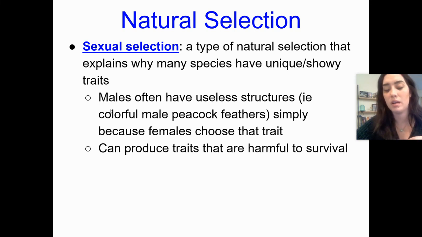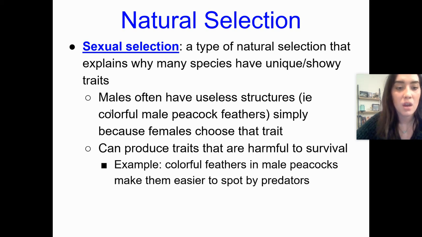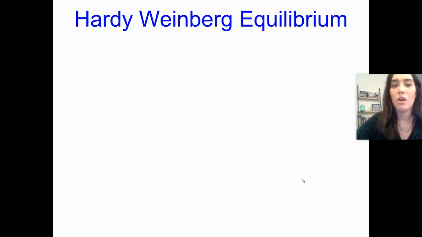Those can be a hindrance to their movement as well, but the ladies like them, so they will continue to select for them because that's what gets the females to mate with them. So an example would be that the colorful feathers in male peacocks make them easier to spot by predators. They're also heavy, like I said. That is natural selection.